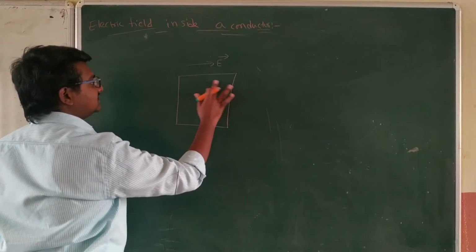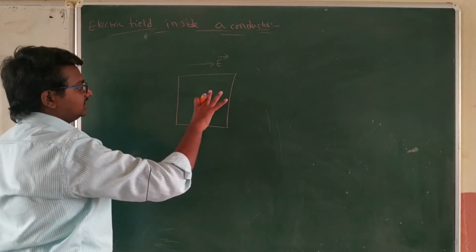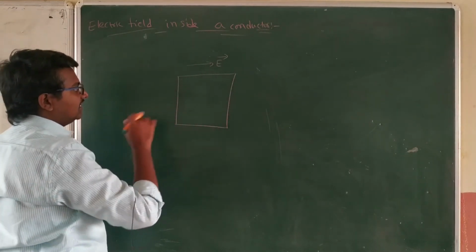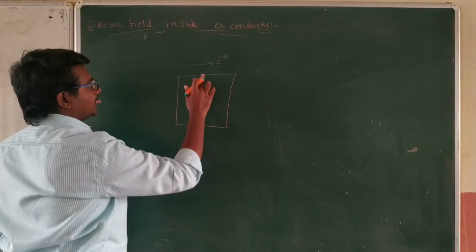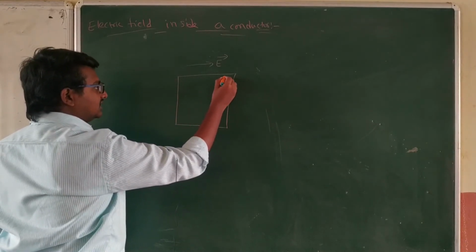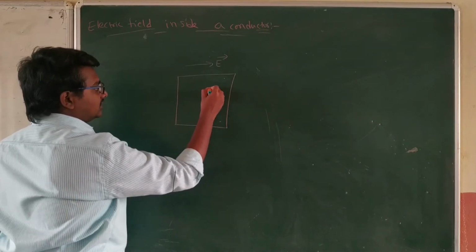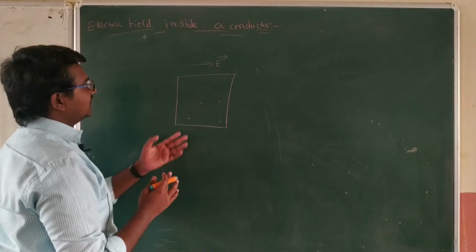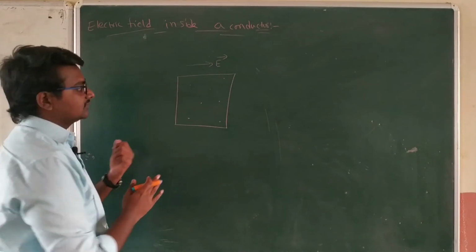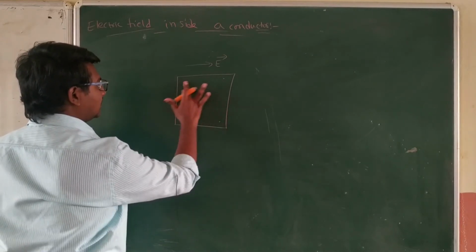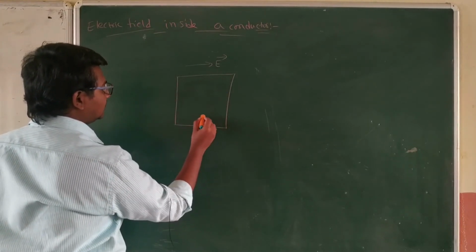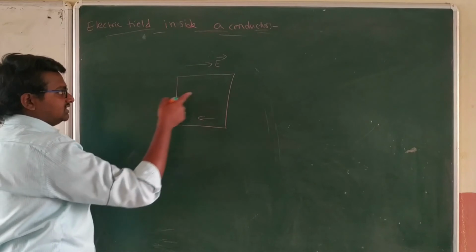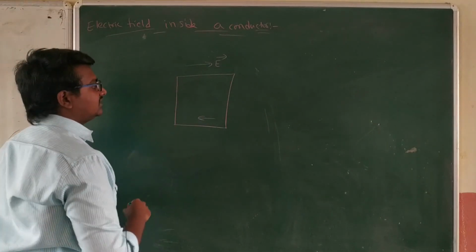But whenever the electric field is switched on, meaning we have kept this plate in an electric field, what will happen? All these arbitrarily placed electrons will move in the direction opposite to the electric field.